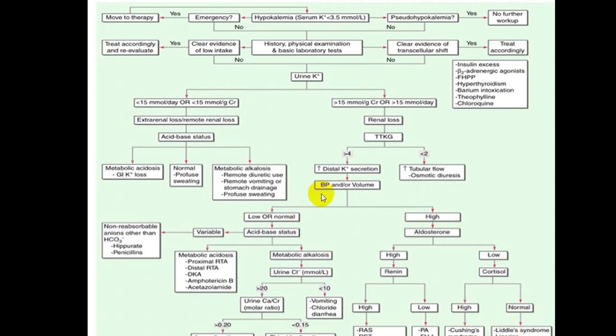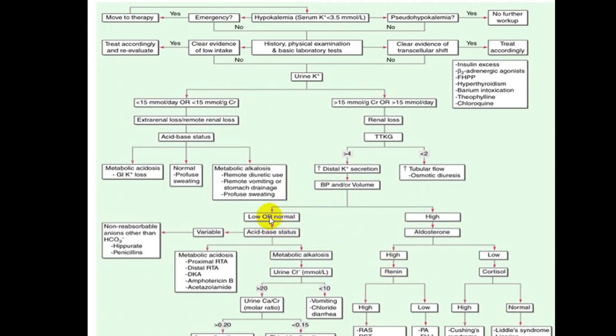And if the person is normotensive, blood pressure is normal, then look for acid-base imbalance. Then we don't look for aldosterone or renin level.